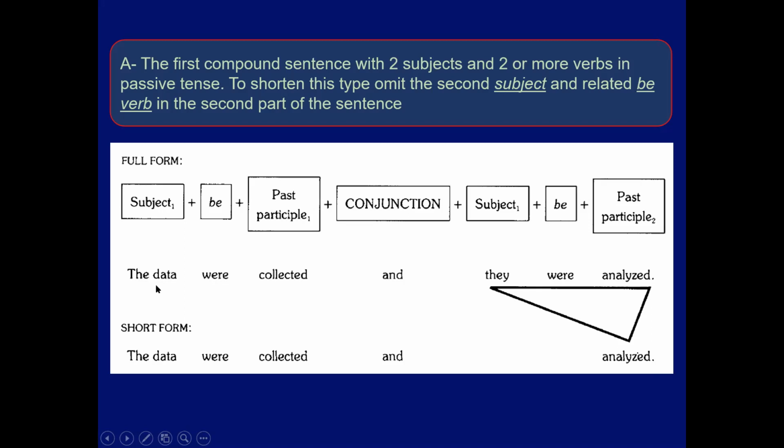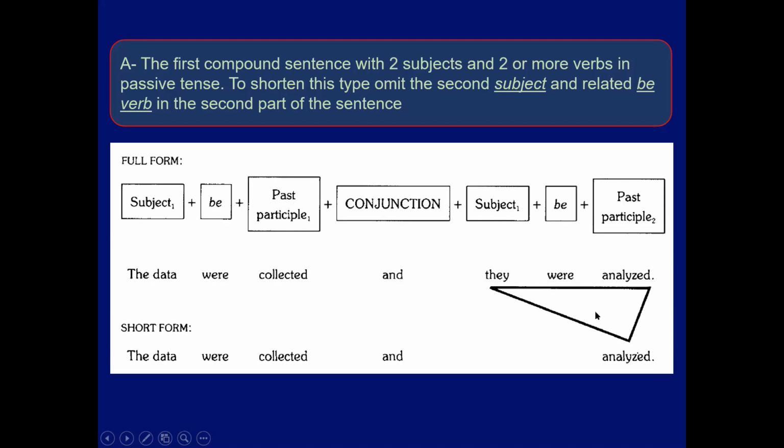As in this sentence, the data, for example: the data, subject one, were, verb be, collected, as past participle one here. Then the conjunction, for example, and, and the subject, they, which belongs to the data, because it is just repeated after the conjunction. They were, verb be, and then past participle two.